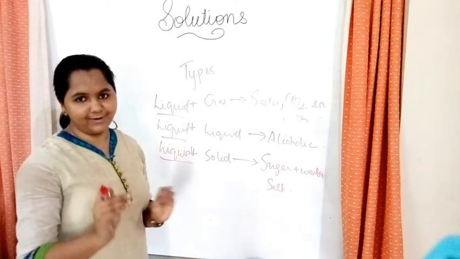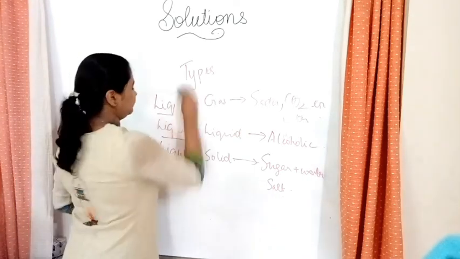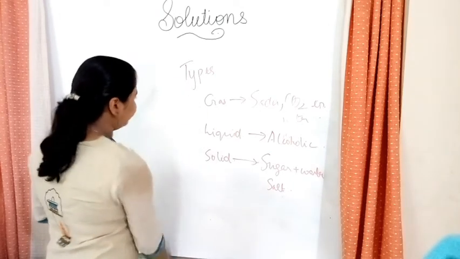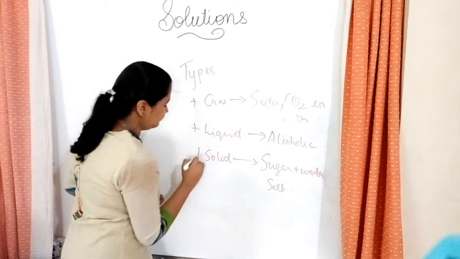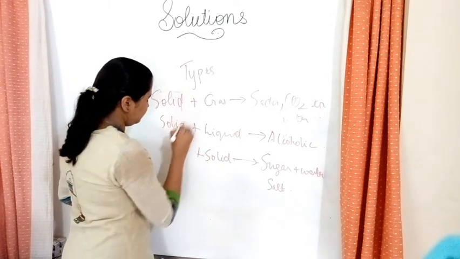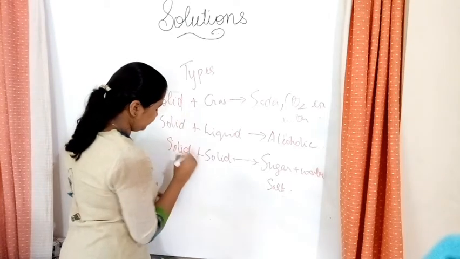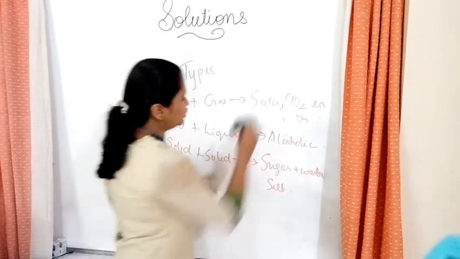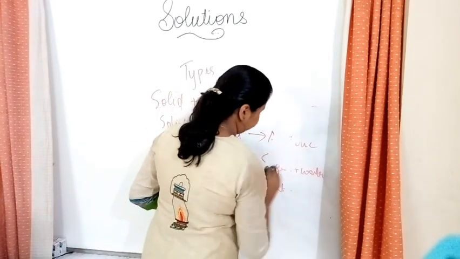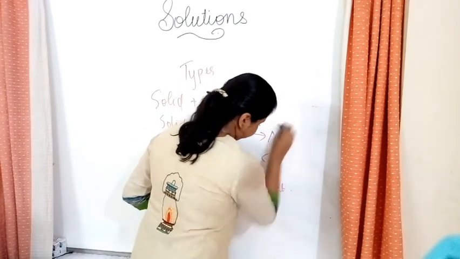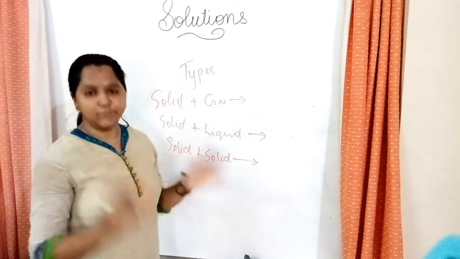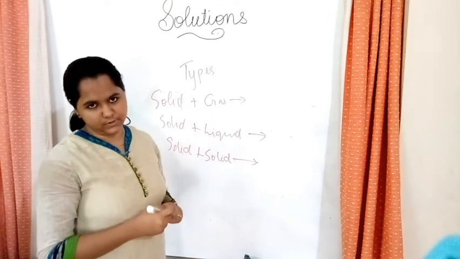The next example we have to learn is when the solvent is a solid. So now our solvent is solids. The first one is solid as our solvent and gas as our solute.